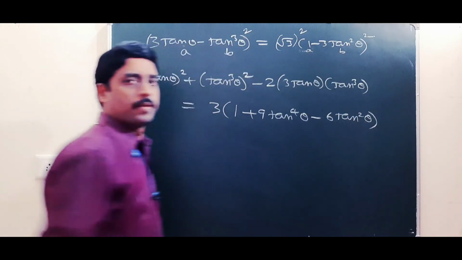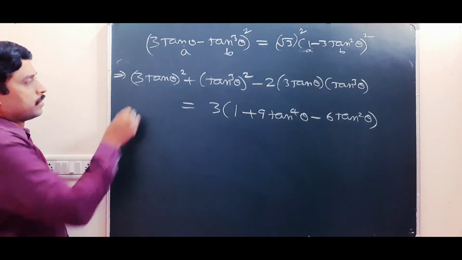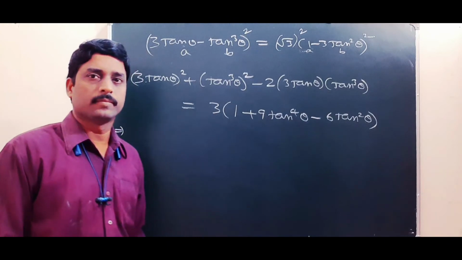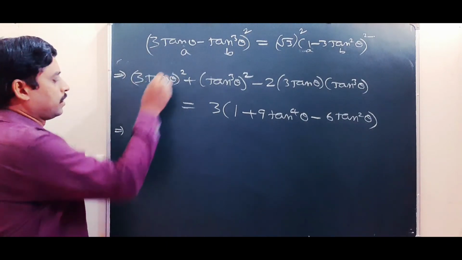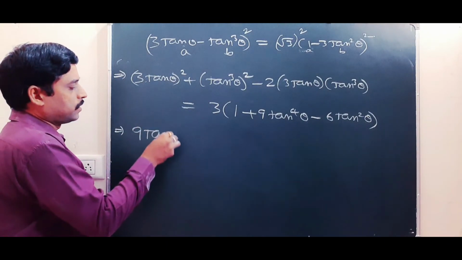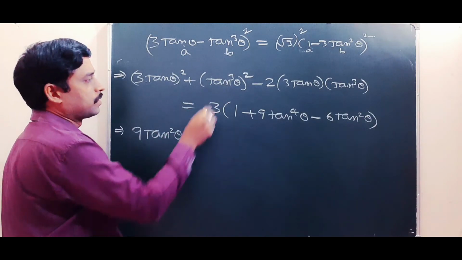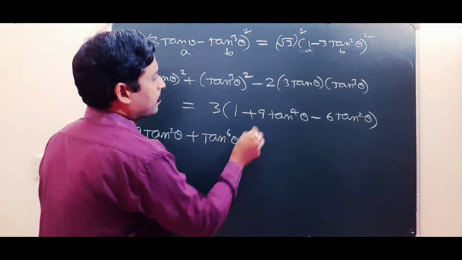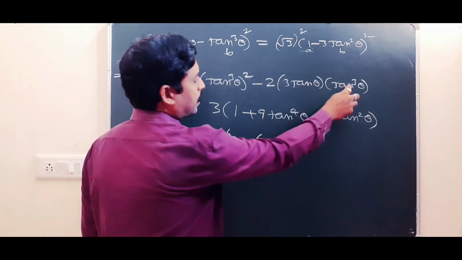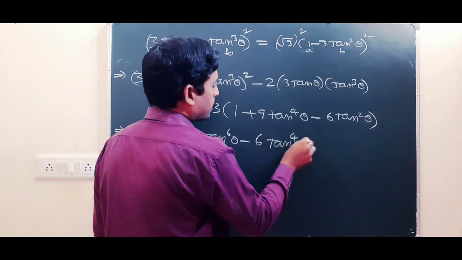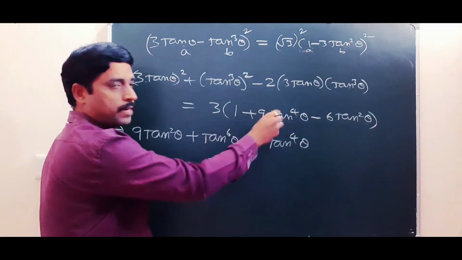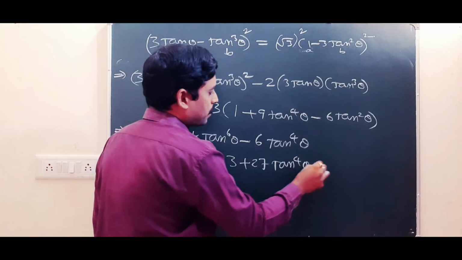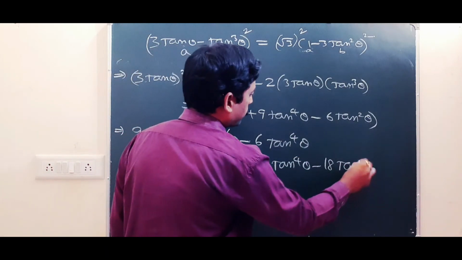It is going to be 3 tan theta whole square. Okay, 3 tan theta whole square is 9 tan square theta, plus tan cube theta whole square, tan power 6 theta. 2 times 3 is 6, tan theta into tan cube theta, tan to the power 4 theta, equal to this 3 multiplied to all: 3 plus 27 tan to the power 4 theta minus 18 tan square theta.